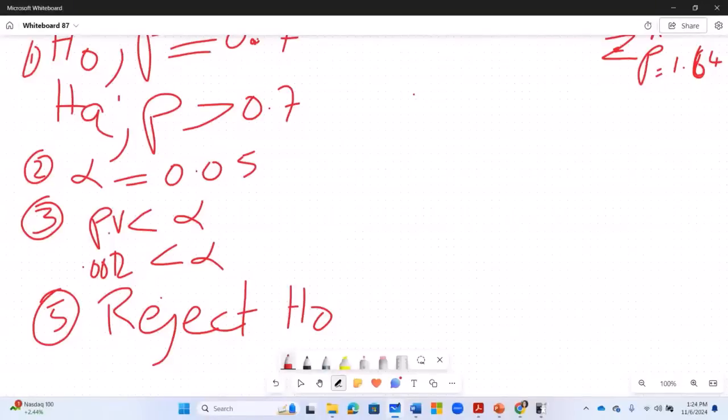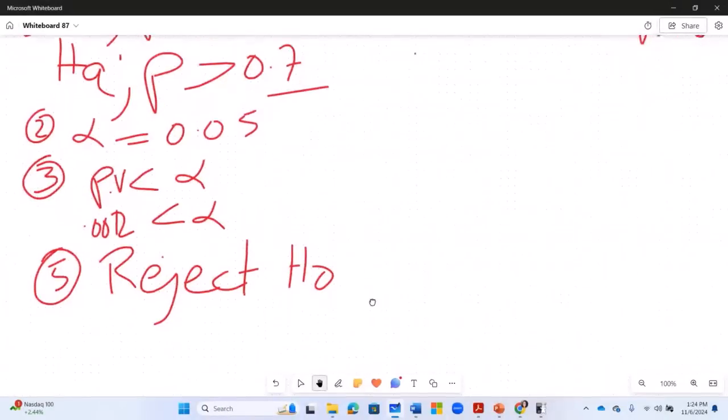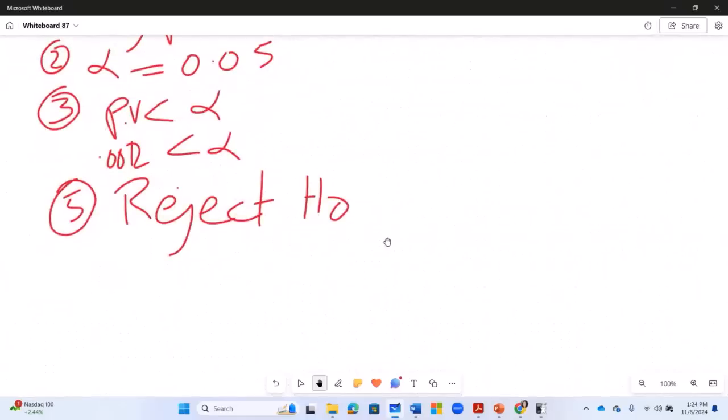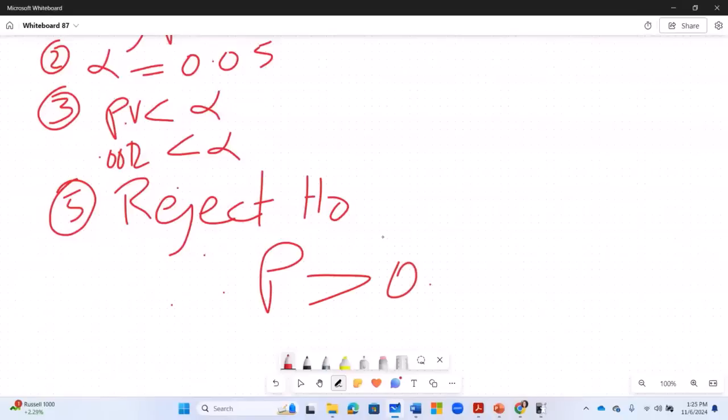And if it is a one-tail right test and you rejected the null, the conclusion is that the alternative is correct. Therefore, the alternative is correct. Since I rejected the null, I can now say therefore, the population proportion is greater than 0.7 or 70%.